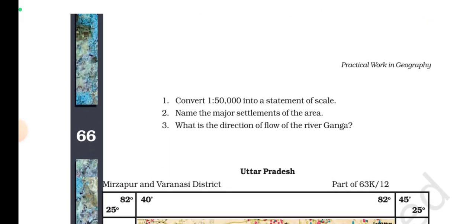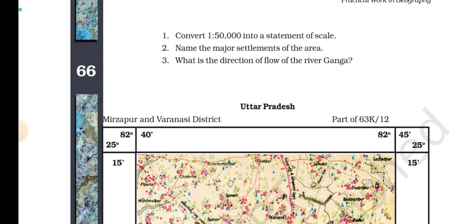So here you can see the exercises. Convert 1:50,000 into a statement scale. Name the major settlement of the area.